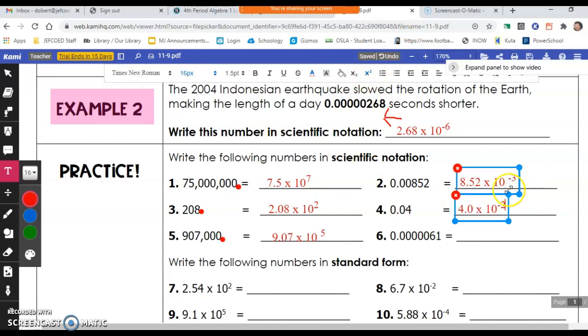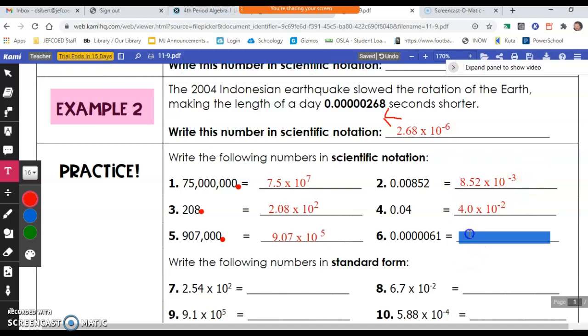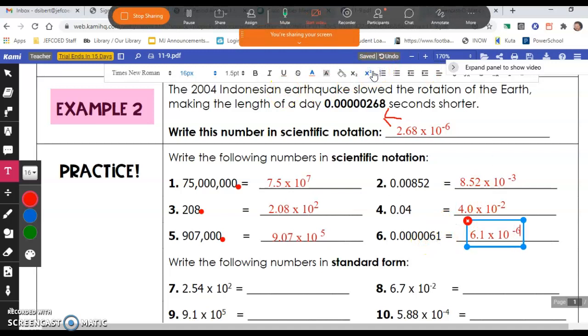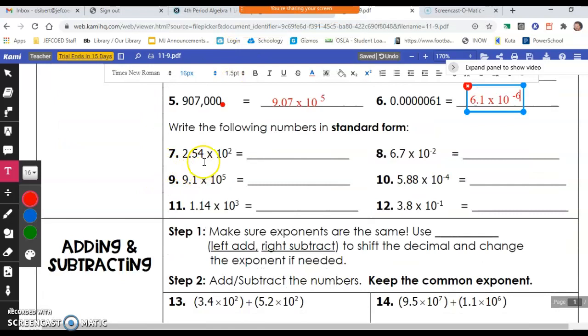We good there? All right, and then number 6, we've got 6.1 times 10 to the negative what? 6. Okay.